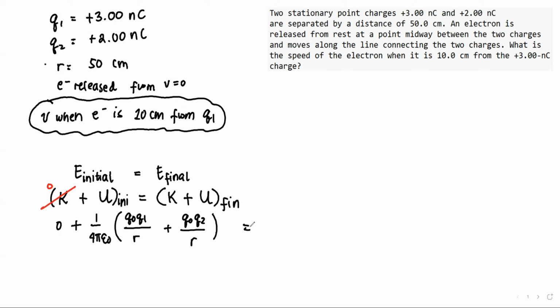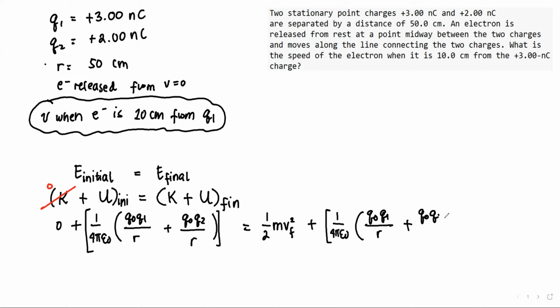That is 1/2 mv final squared, plus your U, which is still the same thing here. 1 over 4 pi epsilon naught, this is same thing, Q1 divided by R plus Q2 divided by your R.